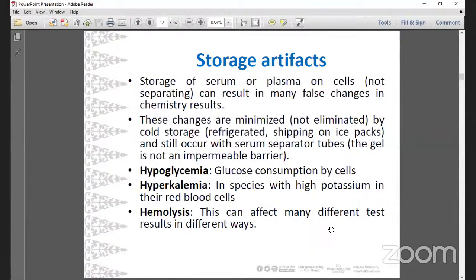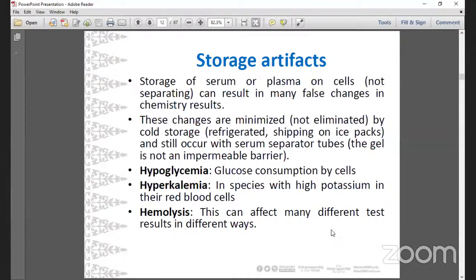So we have to ship on an ice pack. There are some kinds of storage artifacts that we can observe, like hypoglycemia, because the blood cells can consume the glucose, which leads to hypoglycemia. So this is a false hypoglycemia.